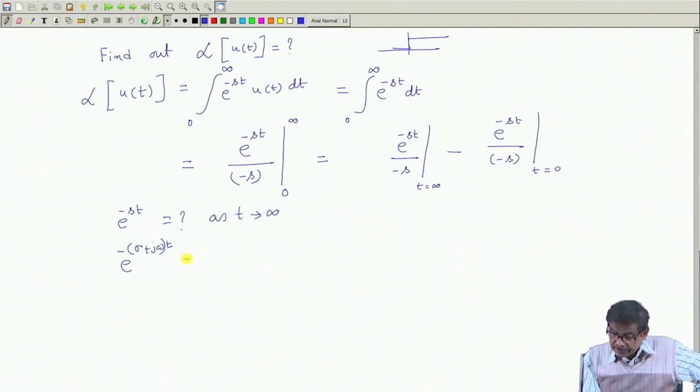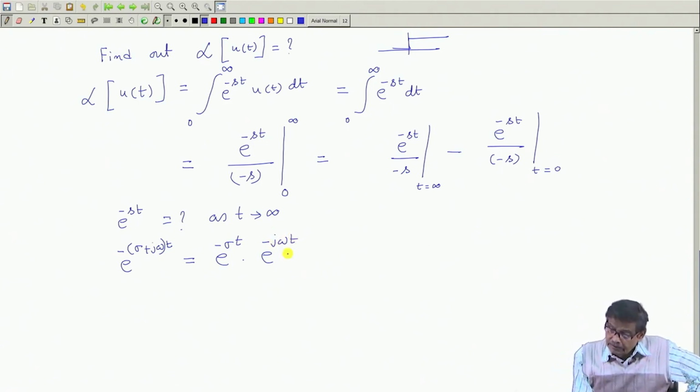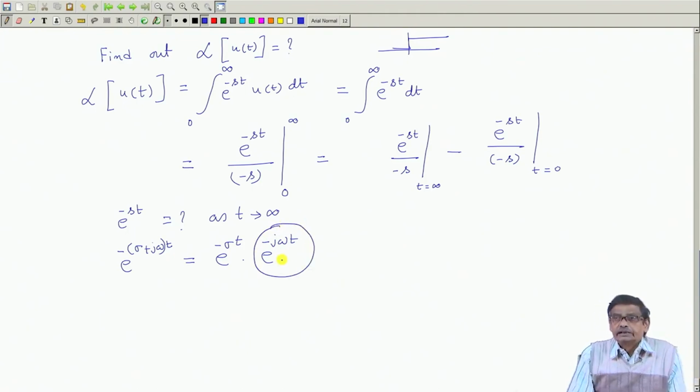Now, this can be written as e to the power minus sigma t into e to the power of minus j omega t. Clear? Now, this quantity as t tends to infinity, I am sure about one thing. What is that? This quantity is some cosine omega t minus j sin omega t.